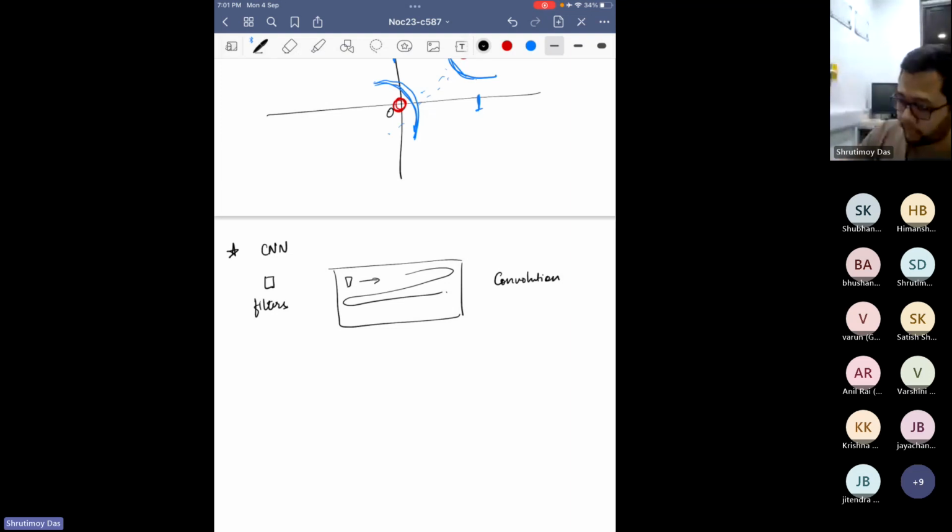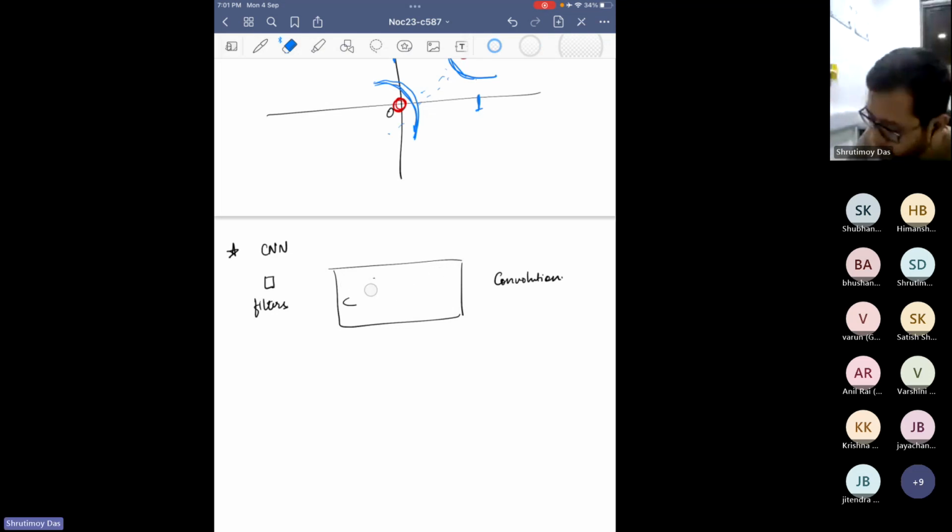Why do you need this? Suppose we have a picture of a car here. My drawing is not good, but we have some picture of a car, and these are the windows. Suppose we are looking at this point. We want to preserve the information that this will represent an edge of this type, or if you are here, this will represent an edge of this type.